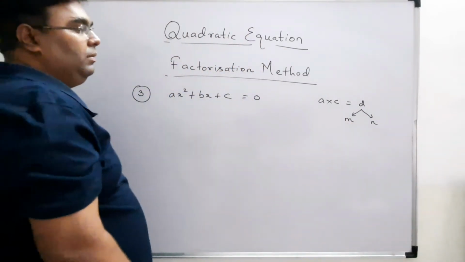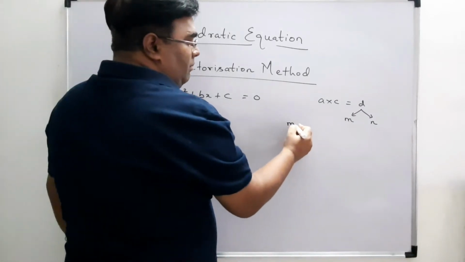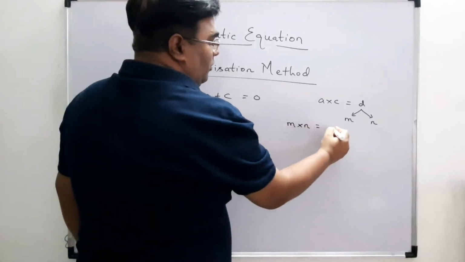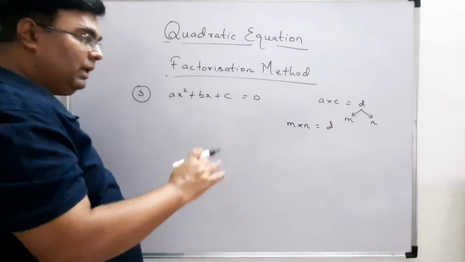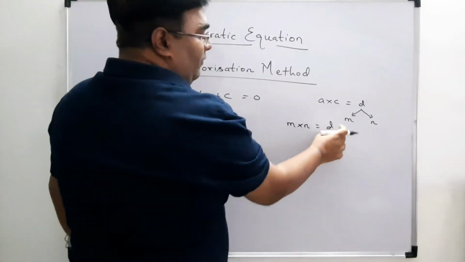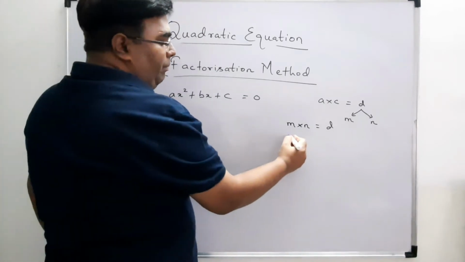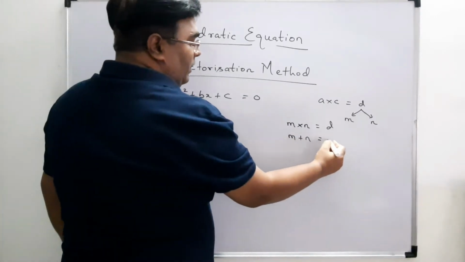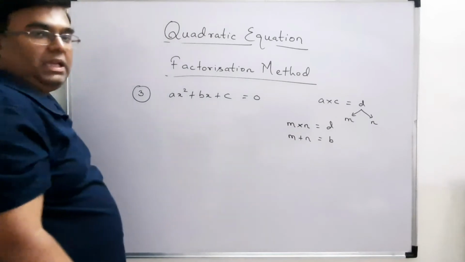So my condition would be that m multiplied by n should be equal to d. It will be clear when I give you some examples. M into n will give you d, and m plus n will give you b.